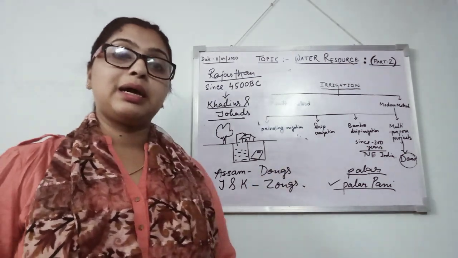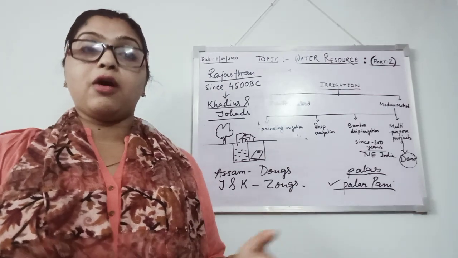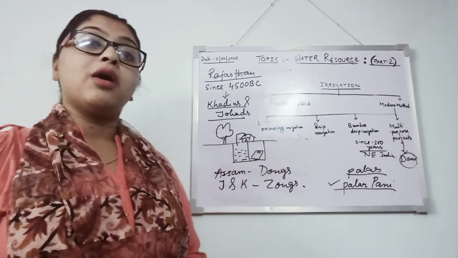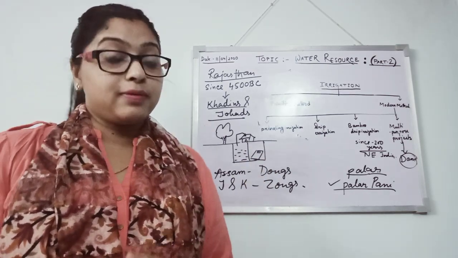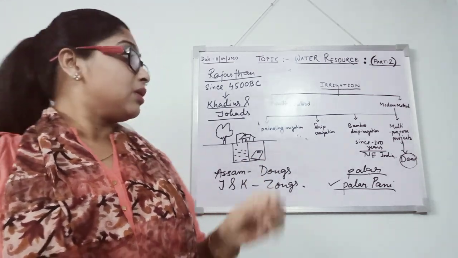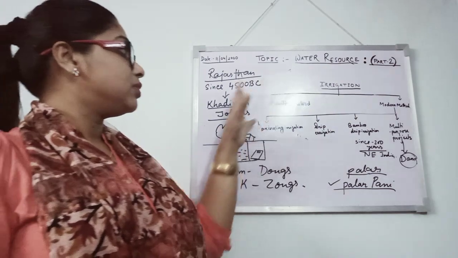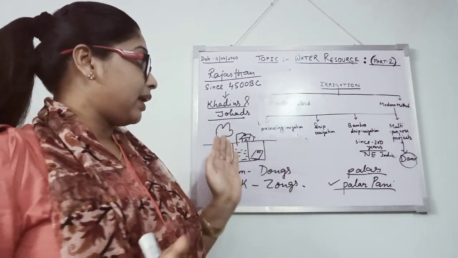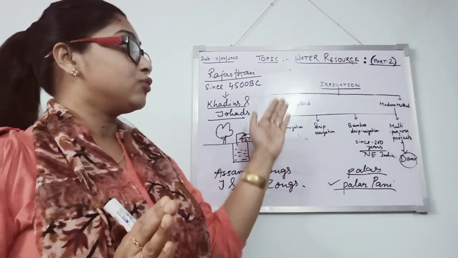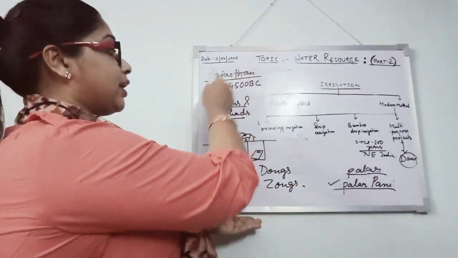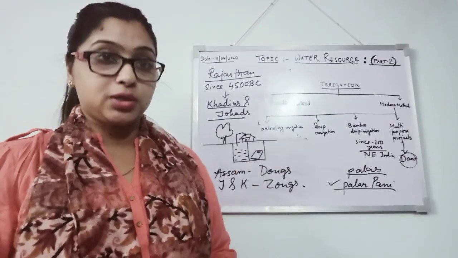Not only that, Kerala, Karnataka and Andhra Pradesh also have this kind of reservoirs. So here, students, we have seen how irrigation helps our life and agricultural land, and how we can save rainwater.